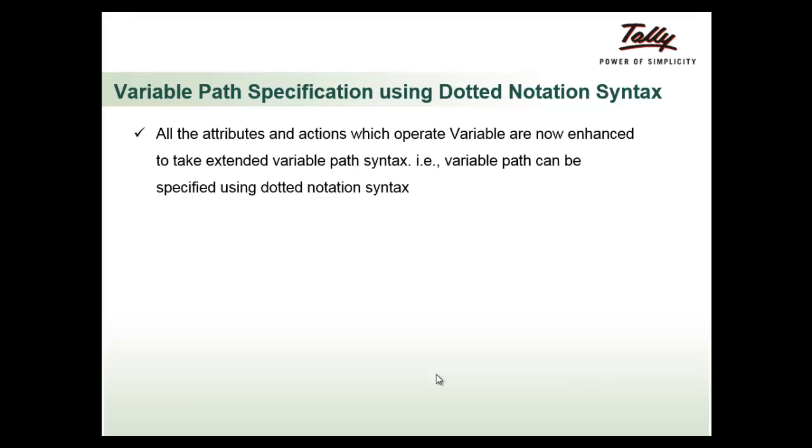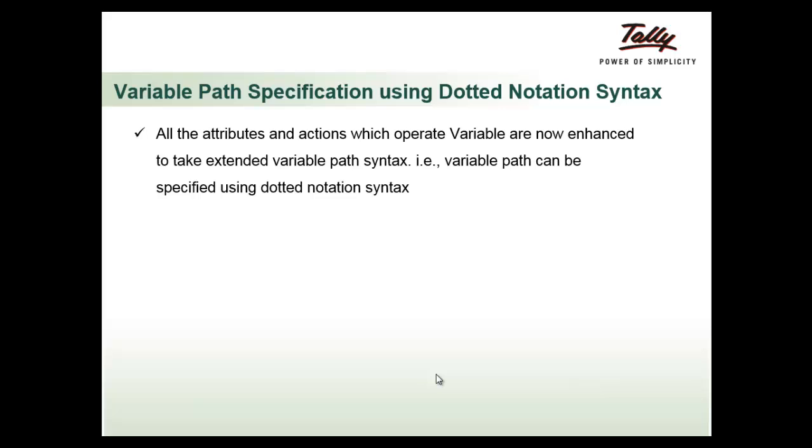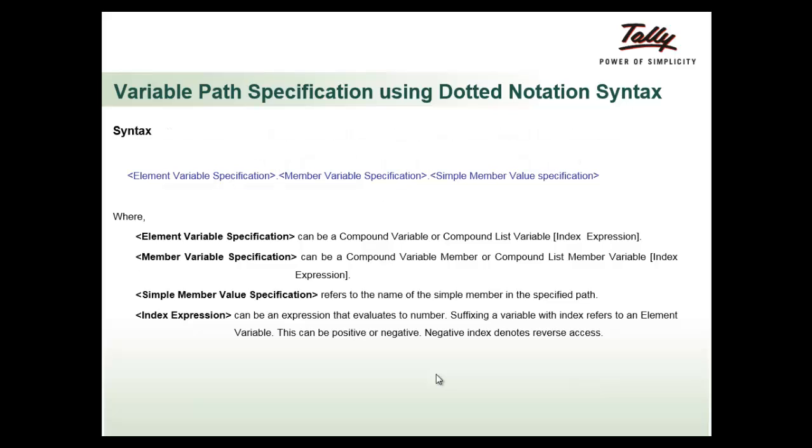So next we saw how we can use variable path specification using dotted notation syntax. We saw that we can use the syntax: element variable specification dot member variable specification dot simple member variable specification. If the element variable is a compound list variable, then an index should be used. If the member variable is also a list variable, then an index is used, and then we use the simple member whose value we need to fetch.